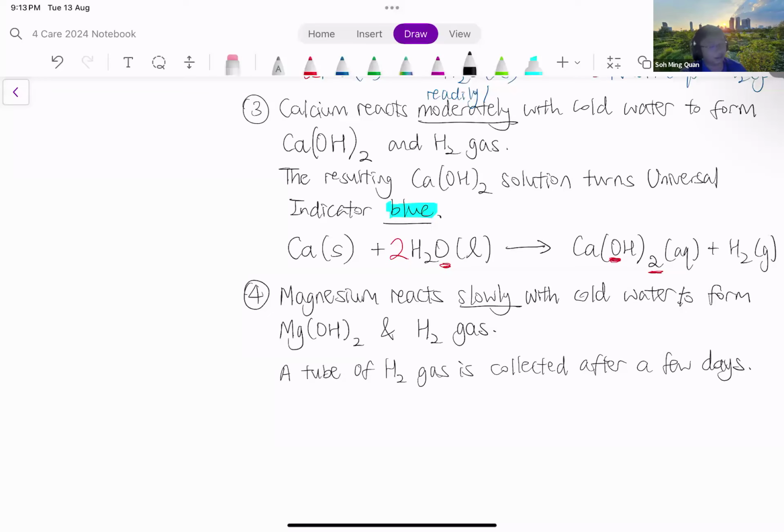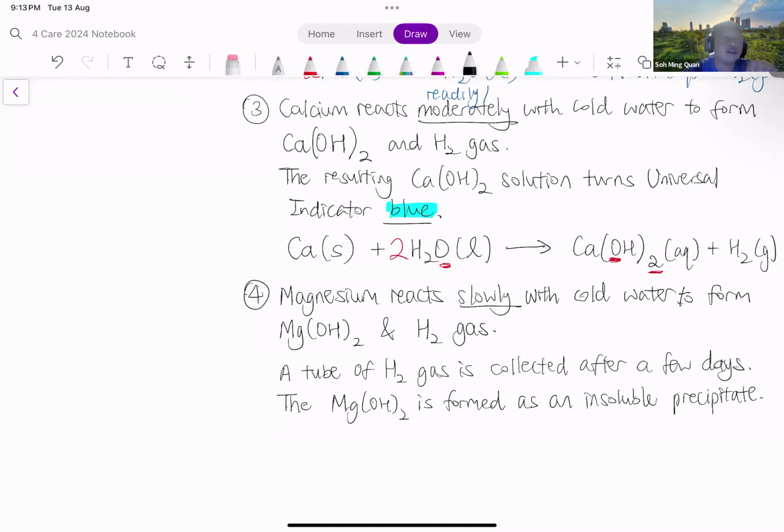And besides that, unlike potassium, calcium, and sodium hydroxides, the magnesium hydroxide is formed not as a solution. It's formed as an insoluble precipitate. An insoluble precipitate of magnesium hydroxide is formed.